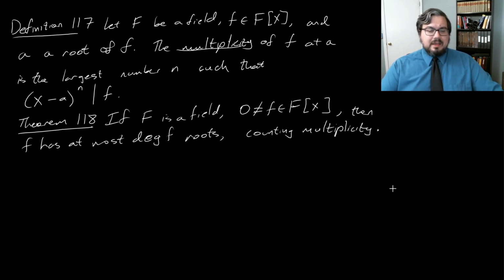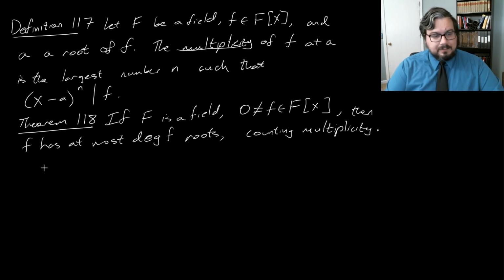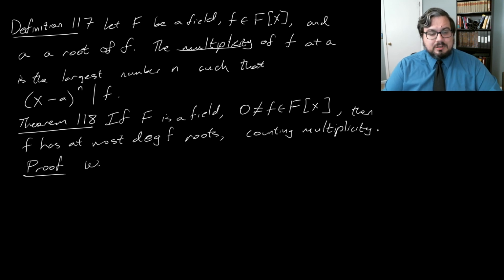Meaning that if a root has multiplicity 3, we count it 3 times, and so forth. Notice that this theorem doesn't make any sense if we try to include 0 here. 0 doesn't have a degree. Furthermore, for the zero polynomial, every field element is a root, so once again, 0 is sort of special here. So in this proof, we again proceed by induction on the degree of f.